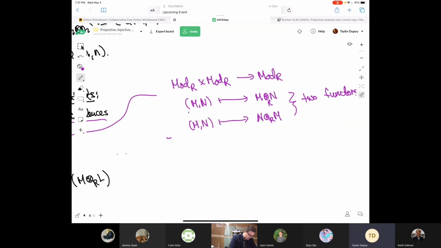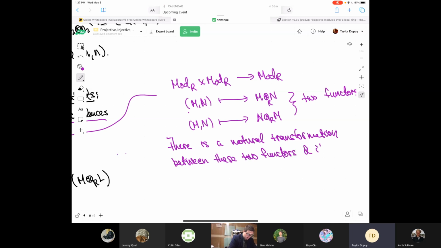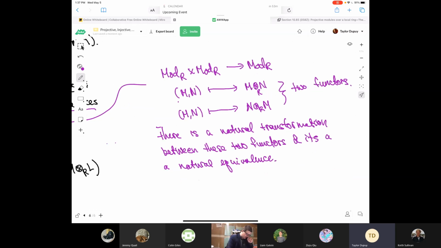which is a natural equivalence. So there is a natural transformation between these two functors, and it is a natural equivalence. It's just a natural transformation with isomorphisms everywhere. So what does that mean?